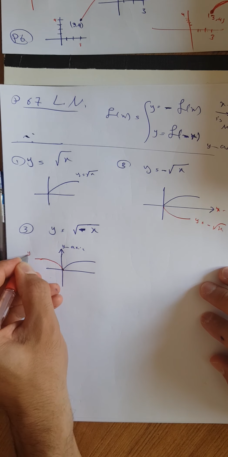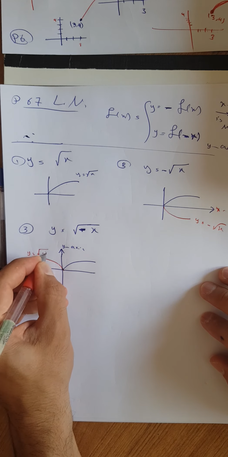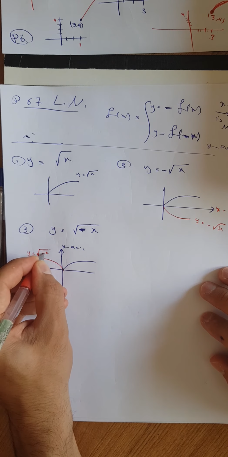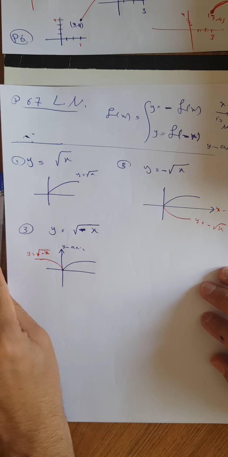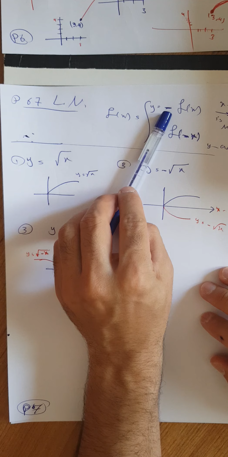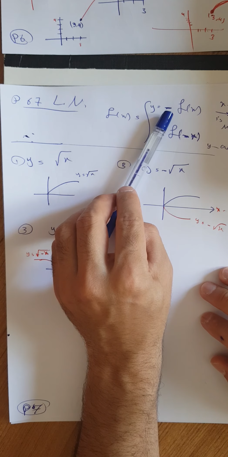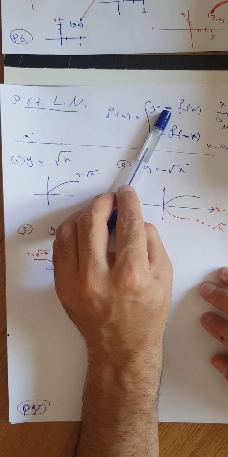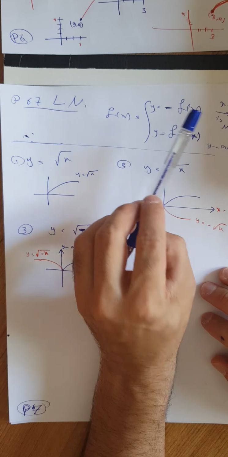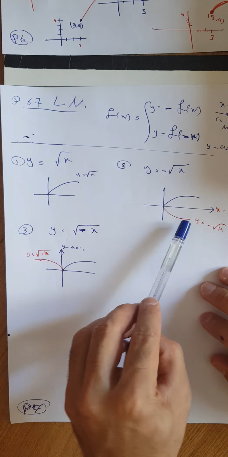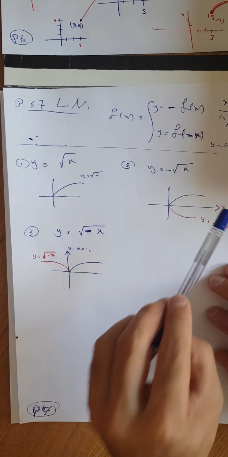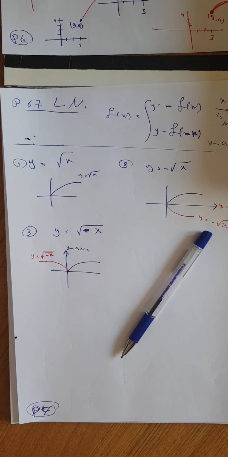This is the graph of y equal to square root of minus x. That's all you need to distinguish: whether the reflection factor is outside or inside. If it's outside, do not forget the mirror should be the x-axis. Otherwise, it should be the y-axis.